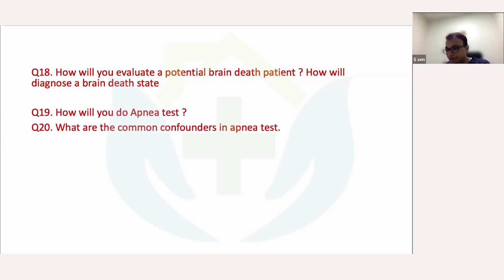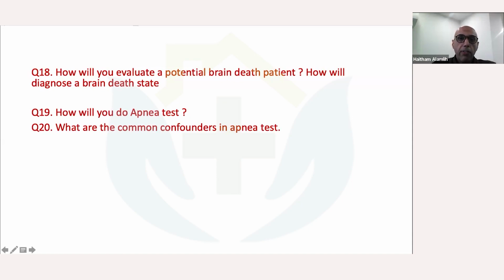How will you do an apnea test? So an apnea test, yes. We need to make sure that saturation is above 95 during the whole test. We can measure the ABGs to see the CO2 before the test. Connect the patient to a tracheal mask or T-piece to the oxygen directly.